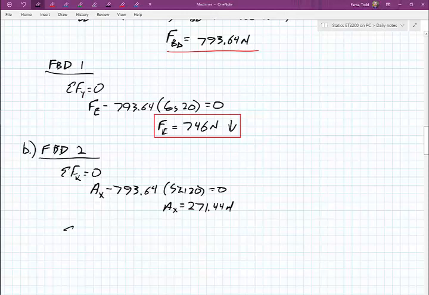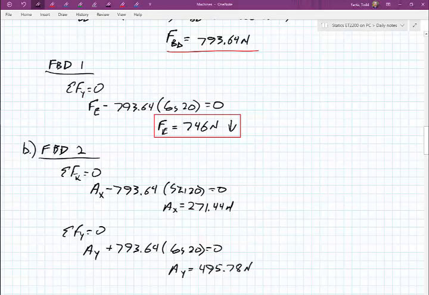And from sum of the forces in the y direction equals 0, same idea. I have AY going up, and then the component of that two-force body, 793.64, times the cosine of 20 equals 0, gives me an AY of 495.78 newtons. And I got a negative number, so it's actually pointing down.